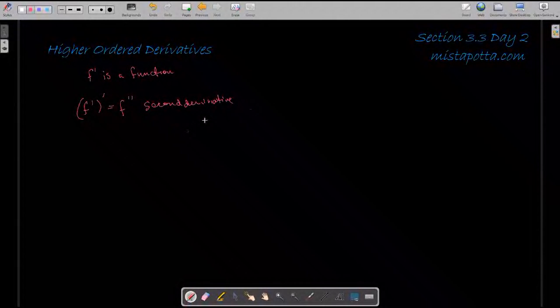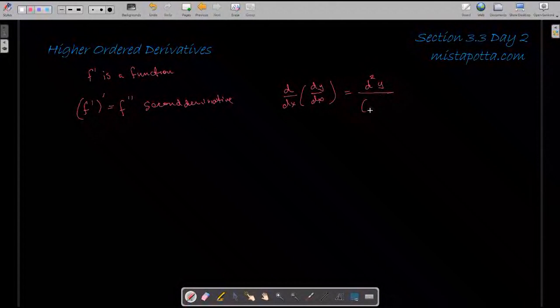And Leibniz did this as well. He said he wanted to take the derivative of the derivative function, and his notation ended up squaring the d in the numerator and squaring the differential dx in the denominator.